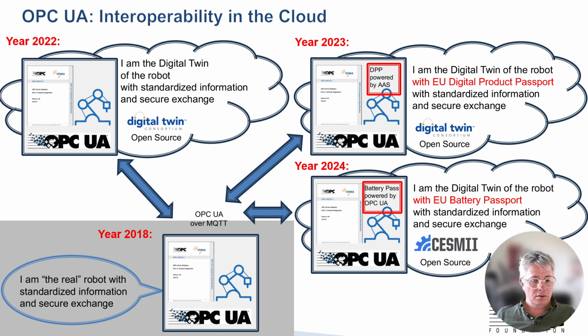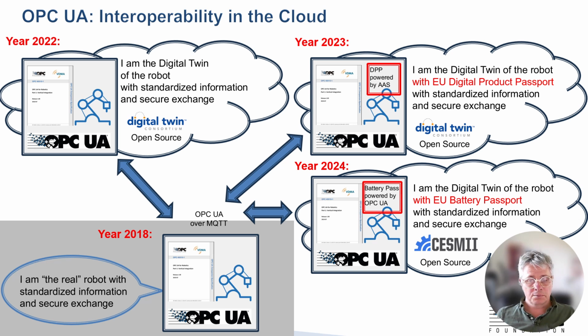A year later, we then built the first digital product passport, again leveraging the work we did with the Digital Twin Consortium. We contributed the resulting reference implementation to the Digital Twin Consortium GitHub, so it's still there. You can still download it and use it.